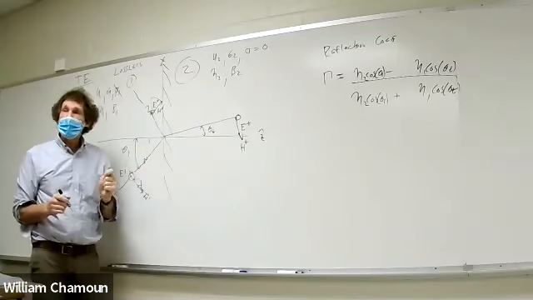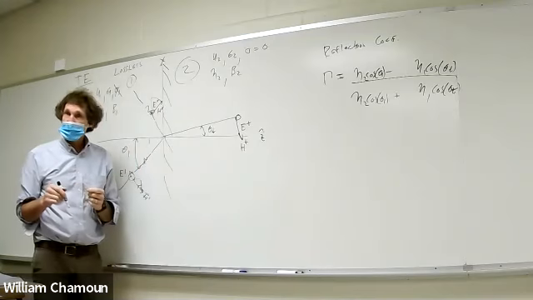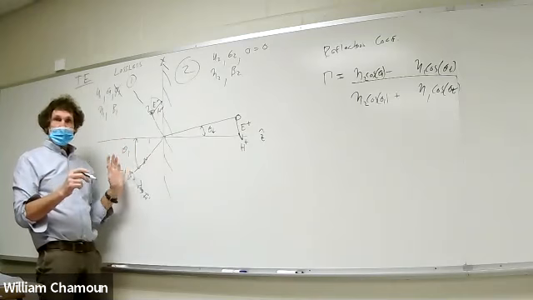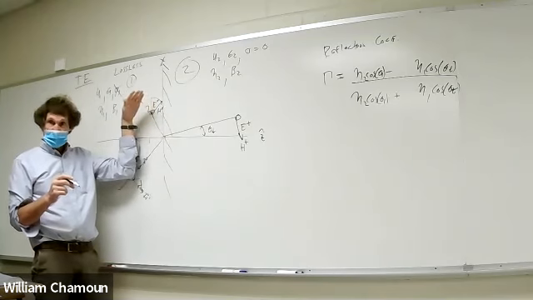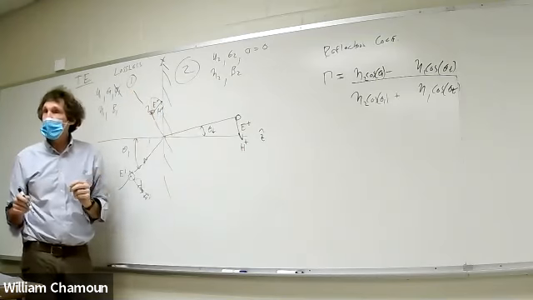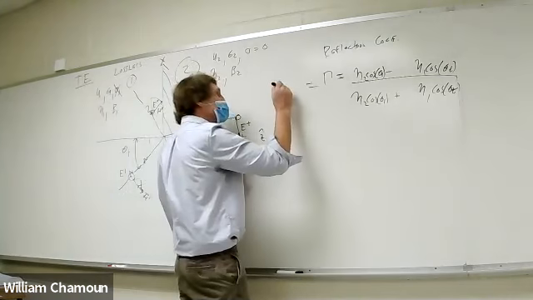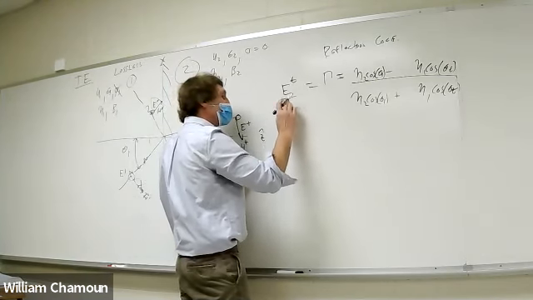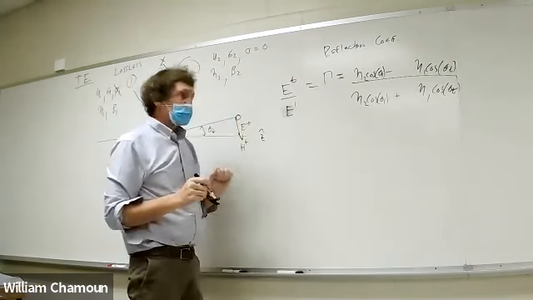Then you fuss around with it, because we know that E over H on this side for a propagating wave is eta, and E over H on this side is eta, correct, class? So then you can go ahead and solve. And this itself is the ratio, this is in the book, of E transmitted over E incident.